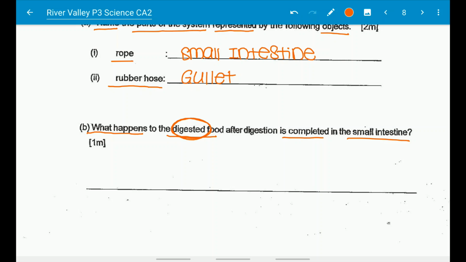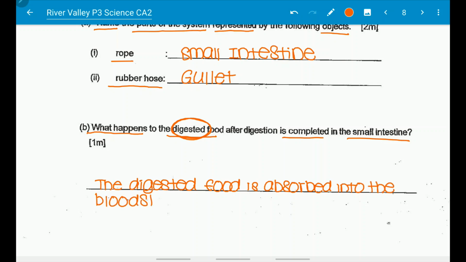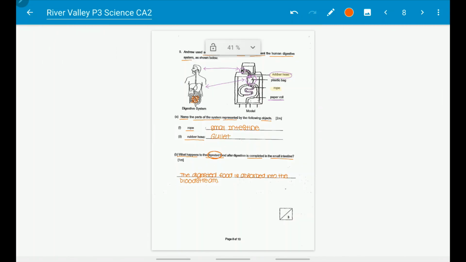So the digested food is absorbed into the bloodstream in the small intestine. Immediately after it is digested, it goes into the bloodstream.